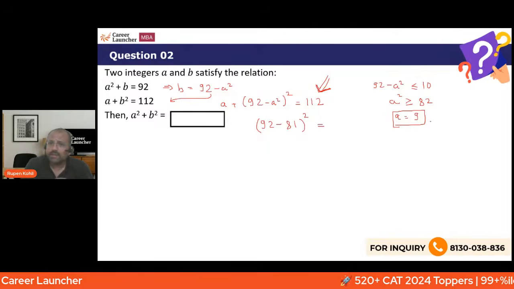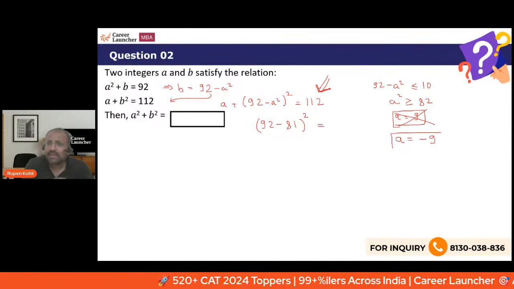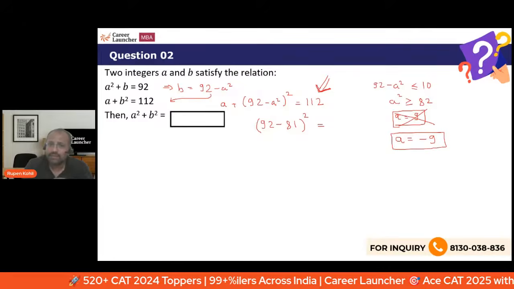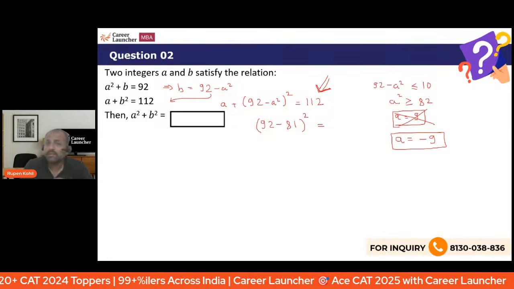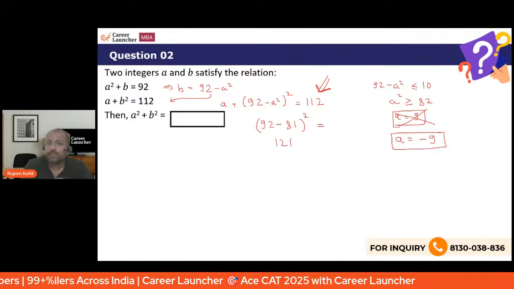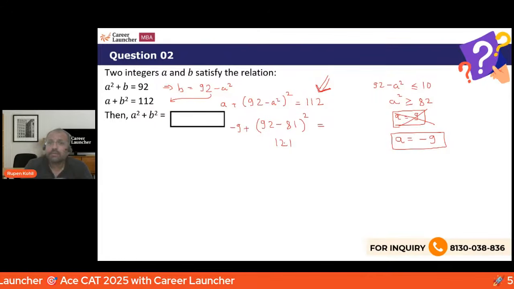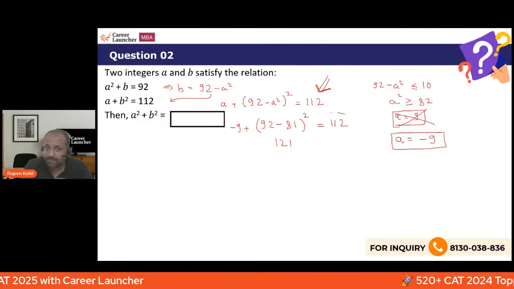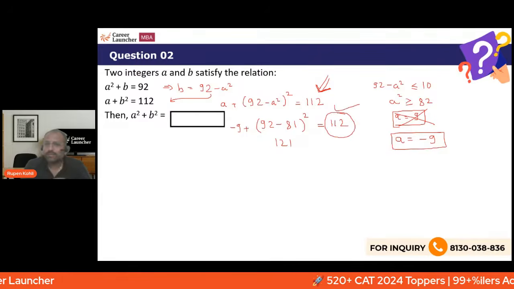But instead of putting it as 9, what if I had put a as negative 9? Even for negative 9, this would be 92 minus 81, the whole square, 121. And by putting a as negative 9, minus 9 plus 121 is exactly 112. So that's the solution that was required to be identified.